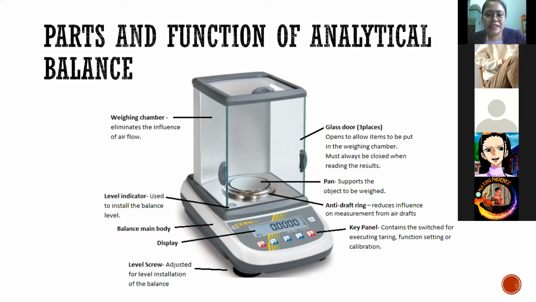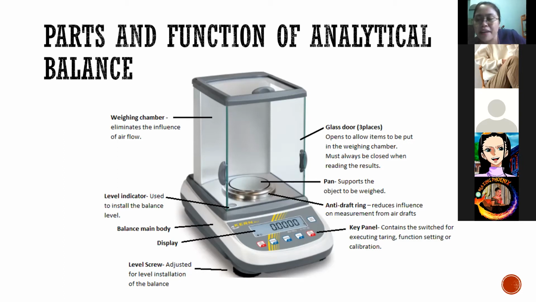And then the anti-draft ring: this is the pan inside, and outside you have the anti-draft ring that helps reduce the influence of air drafts on measurements. Okay, it is additional protection from the influence of the airflow.